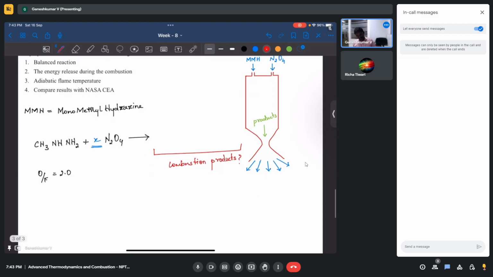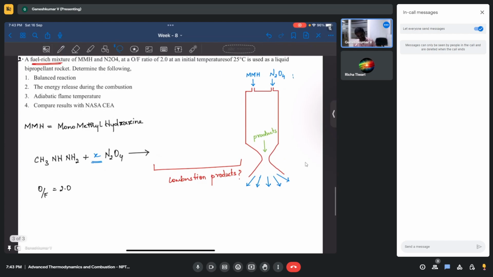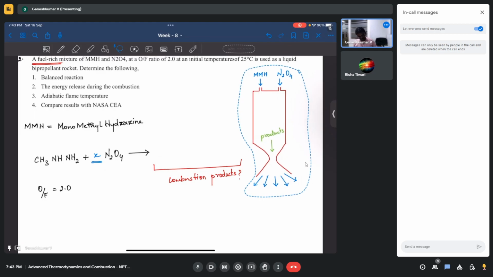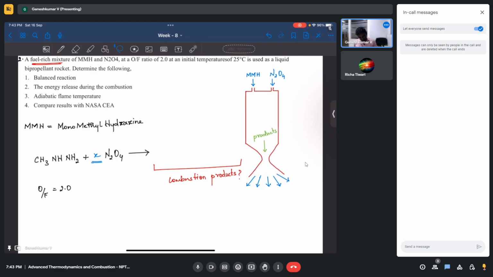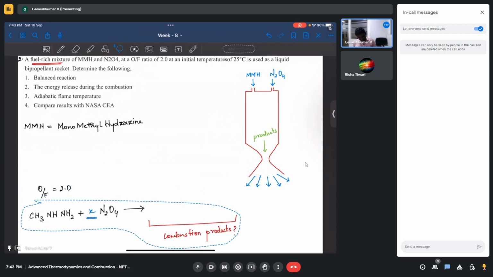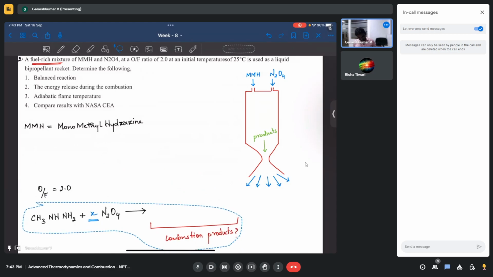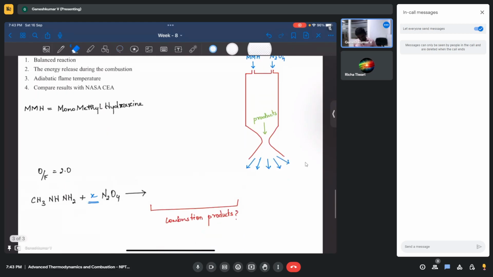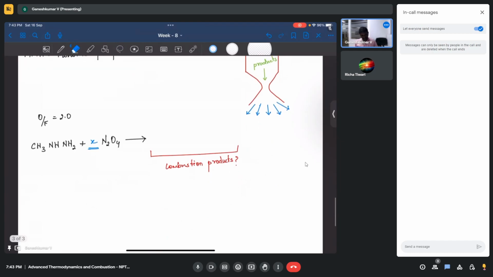Can you guess? What are the possible combustion products?